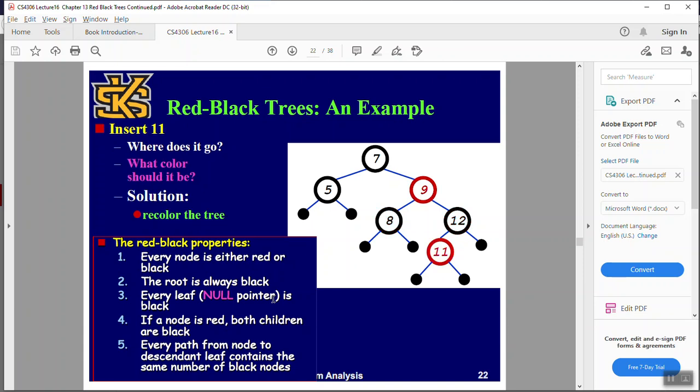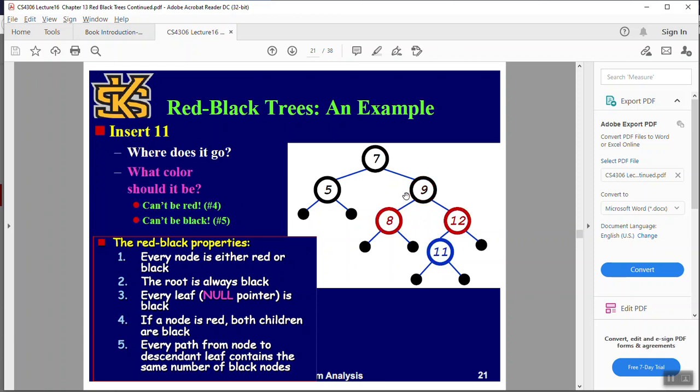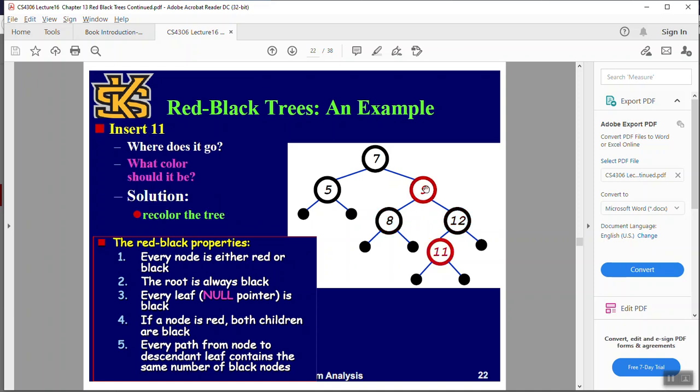So then how can we do the rotation? Actually here we need to recolor the node. Since we are not rotating, it is actually a recolored tree. So now if it is recolored, for instance 9 was previously black, and then we make 9 red.